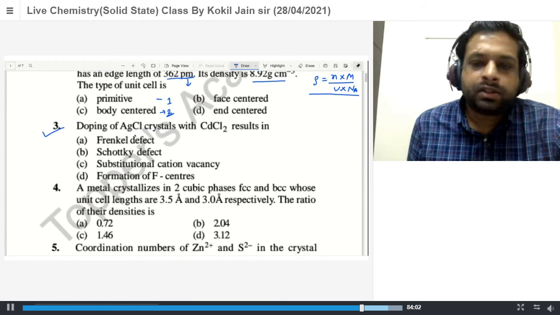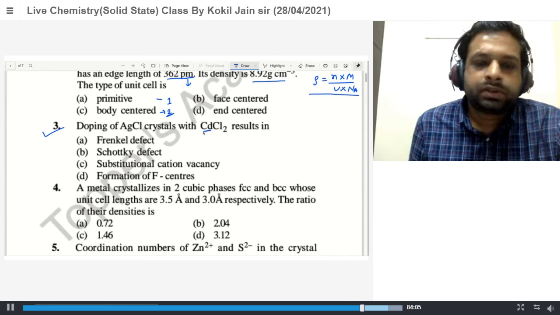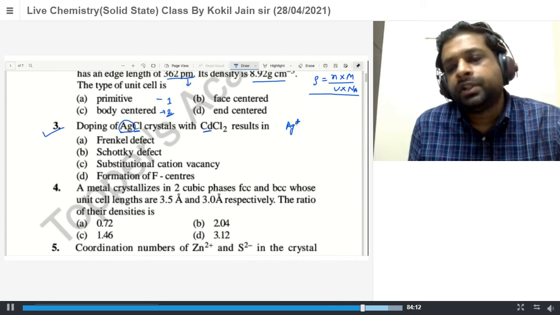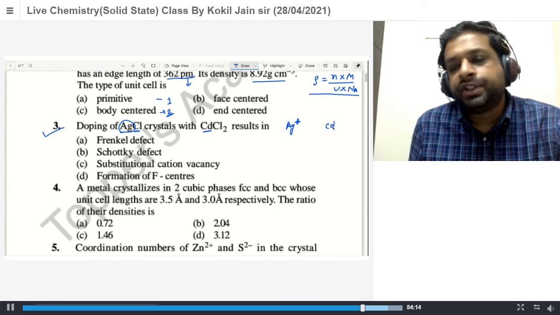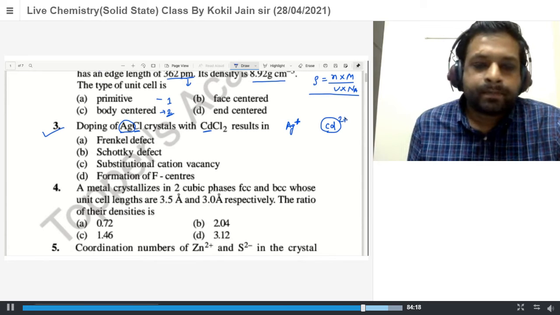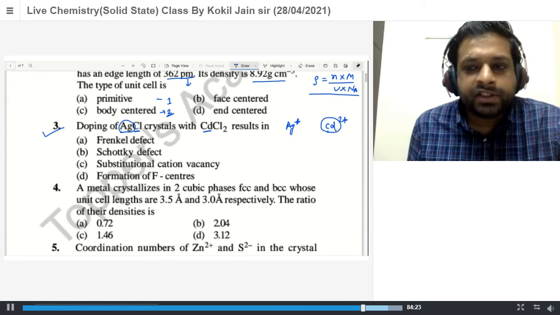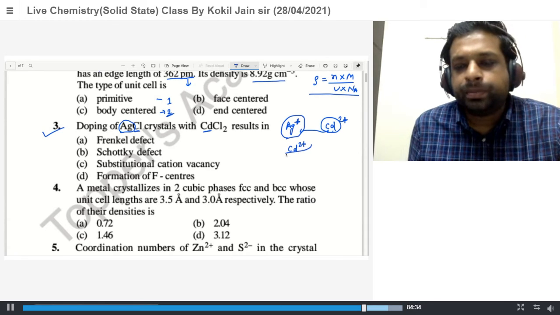See, in case of AgCl, Ag has a positive charge, but if you dope it with CdCl2, Cd has 2 plus charge. Now, if Ag plus is replaced by Cd2 plus in the structure, this has 2 plus charge.